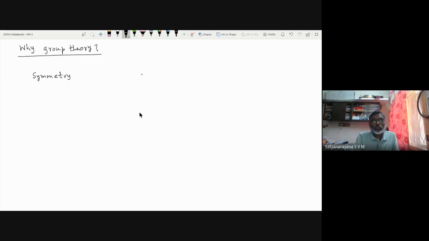So we consider some system, and the system can be some structure. Okay, this structure may be a structure of a molecule, or it may be a crystal structure.